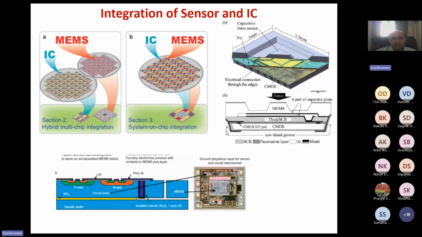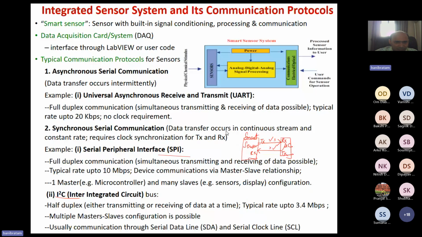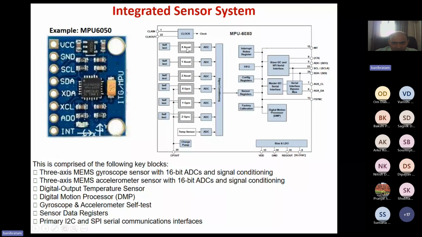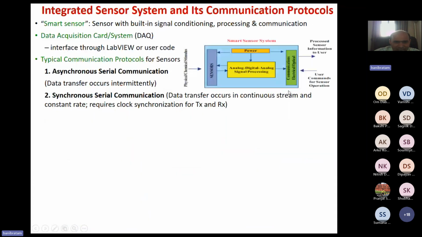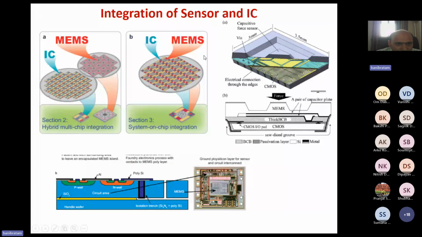Now, if we talk about how to integrate the sensor and IC, like in these examples, as I said, inside this IC itself you have the sensor and the circuit, everything is there. So what are the possible aspects? Suppose this is your sensor.